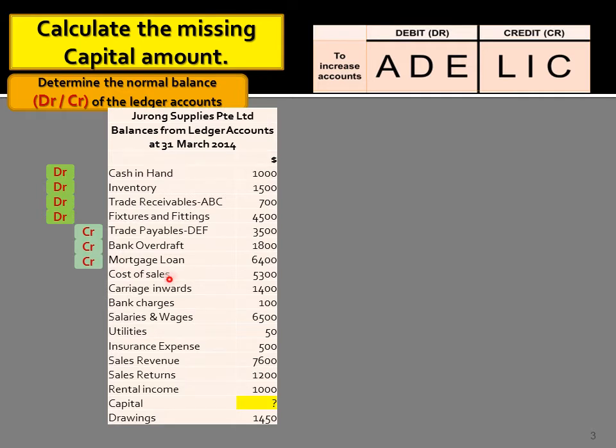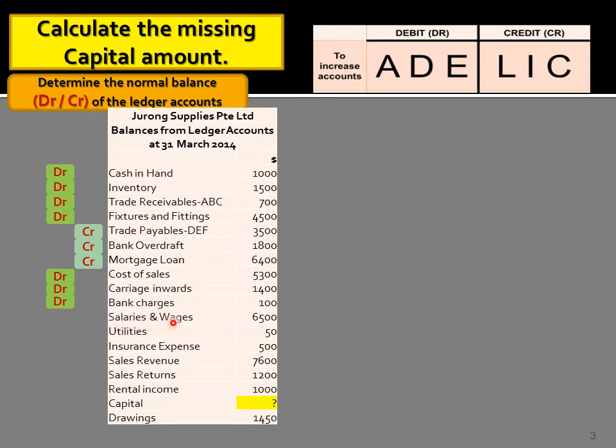Cost of sales is an expense, hence debit balance. Carriage inwards is also an expense, therefore debit balance. Bank charges is an expense, therefore debit balance.